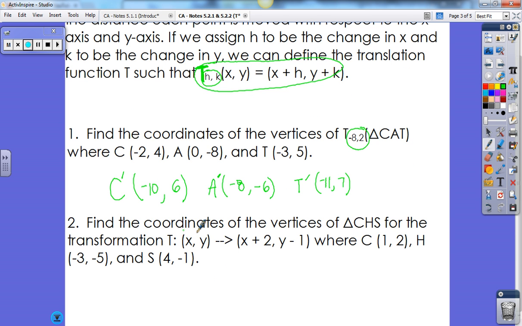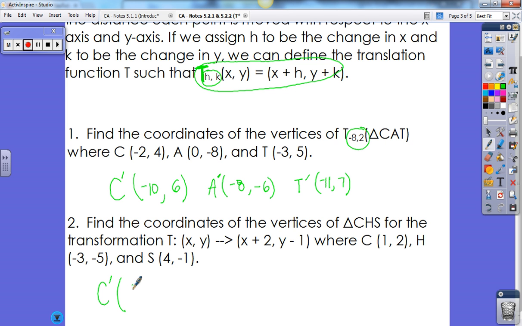The second example is slightly different notation. I'm still looking at a transformation, but here it just tells me specifically, okay, add 2 to the x, subtract 1 from the y. And I've got the vertices C, H, and S. So for each x, I'm going to add 2, and each y, I'm going to subtract 1 according to the rule here.